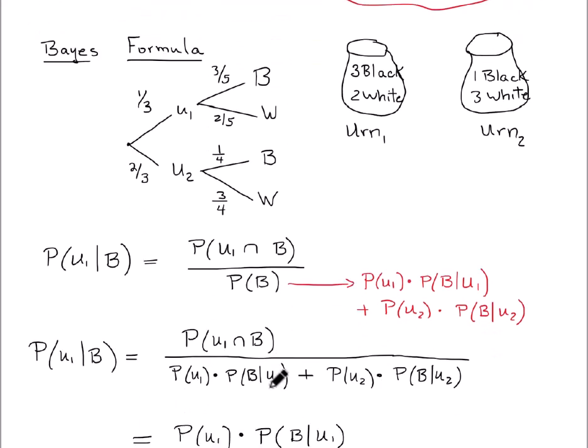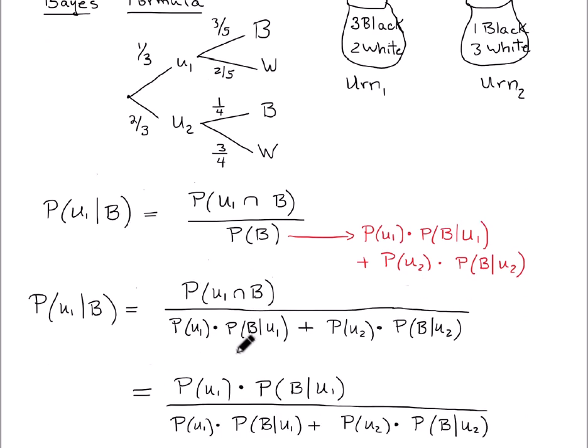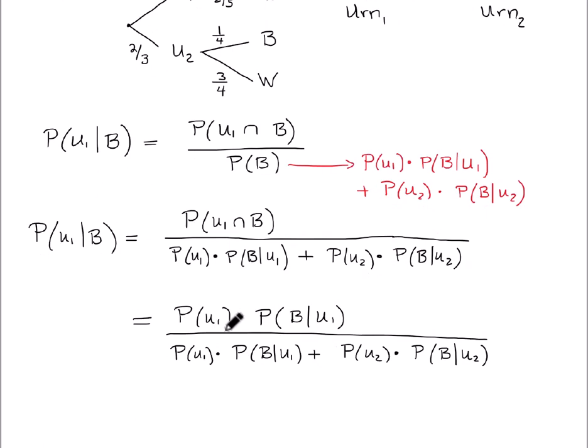And so it would look like this sum on the bottom. And if I expand the top, we get this formula, which is Bayes' formula. So that's the probability of urn 1 given that I know I have a black.